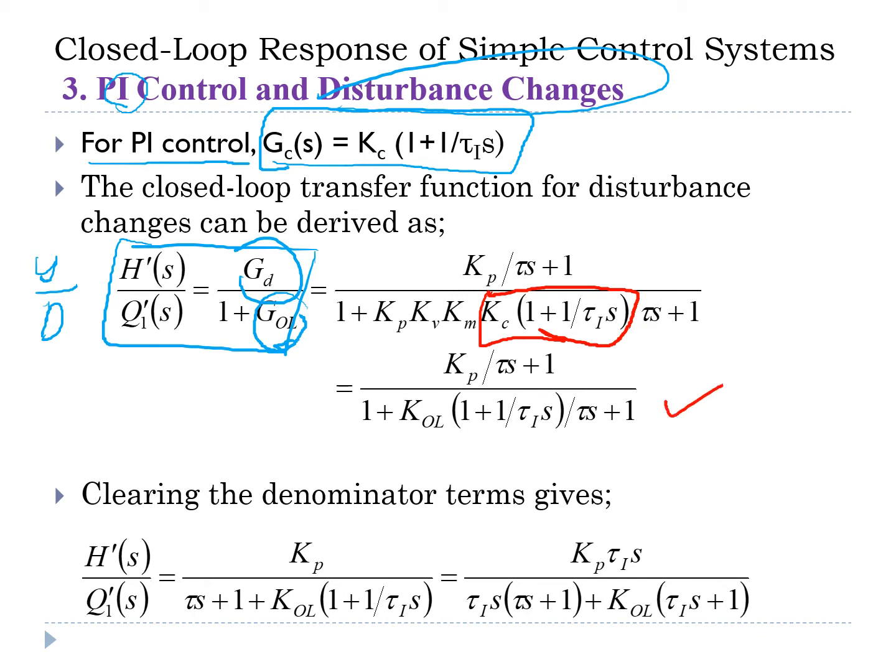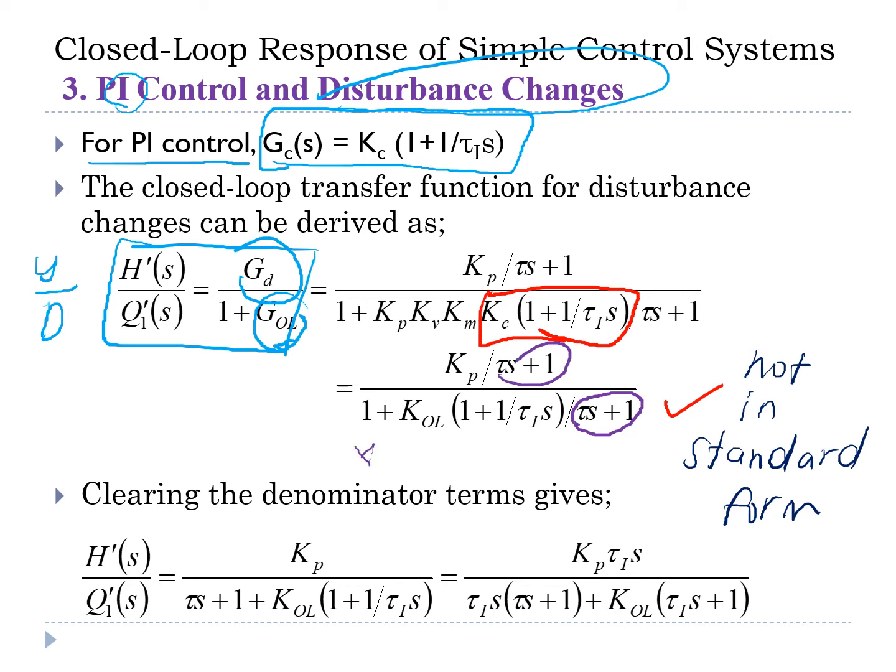Okay, now if you look at this equation, this is not in standard form. So you need to change it into standard form. If you look at the equation, you want to remove this term. So you need to multiply by (tau s plus 1) over (tau s plus 1) for both numerator and denominator.